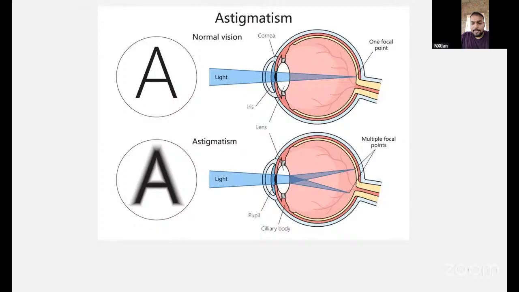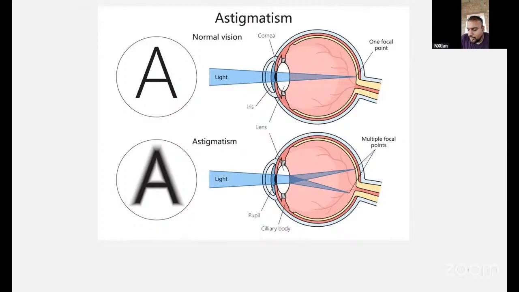Even if you use a concave or convex lens, you can't correct it; you need another type of spectacles. They are not able to tell which one is vertical and which is horizontal. For example, if I have this pencil here, they will miss it if they have a lot of astigmatism, because according to them the image is on this side and that side. That is why they need thick specs for correction.